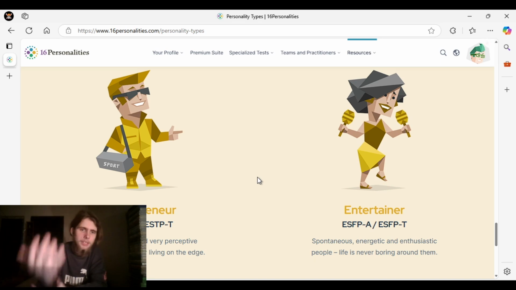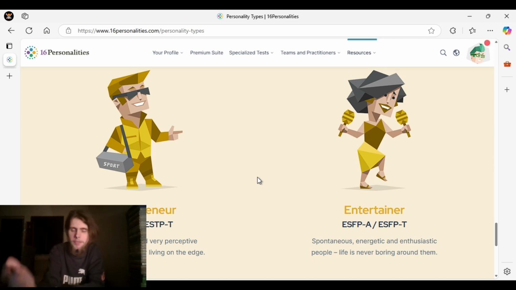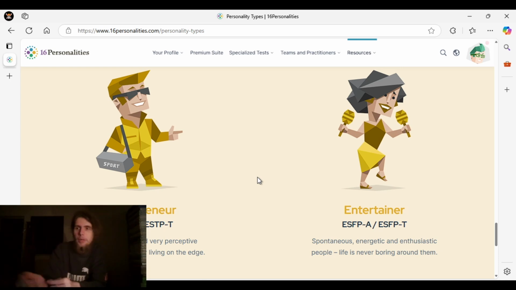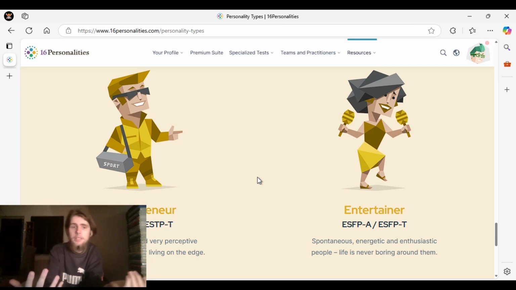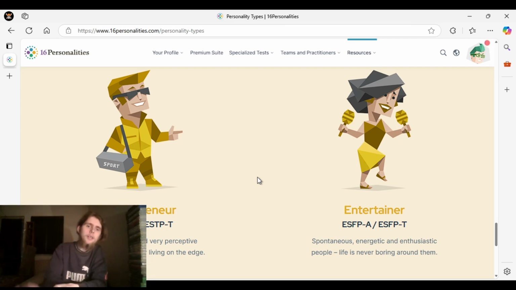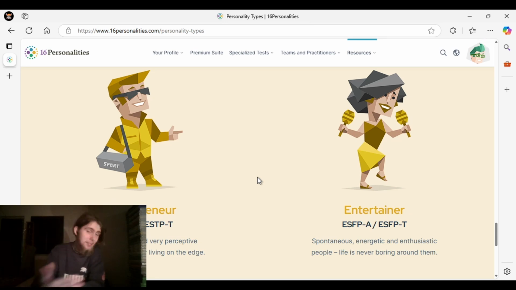The way they work is different from ENFP, where ENFP is very energetic for the sake of coming up with ideas and doing those ideas. ESTP, for example, will go to the gym and actually work out and do other things like that. That is pretty much how the ESTP is.